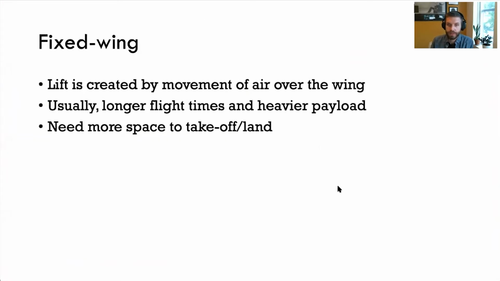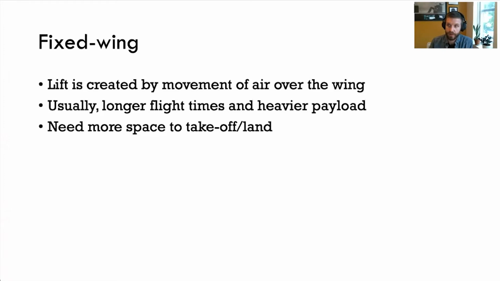With the fixed wing drones, the lift is created by movement of air over the wing, and not only the propellers. So an advantage of these is that even if the motor cuts out, if something happens to the propeller, they can sometimes continue to glide for quite some time.